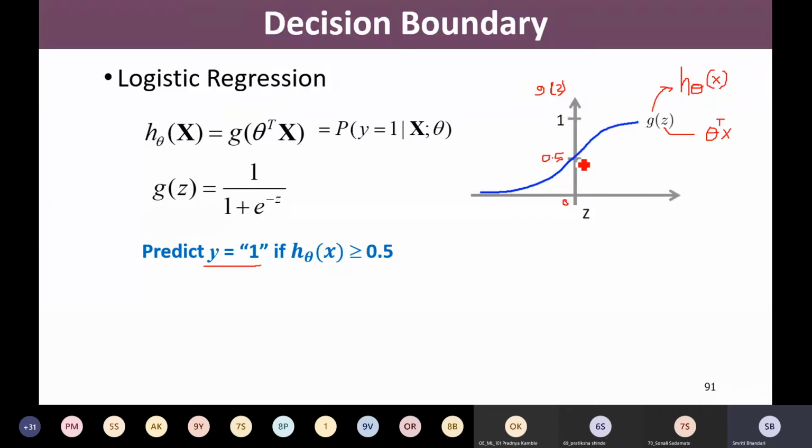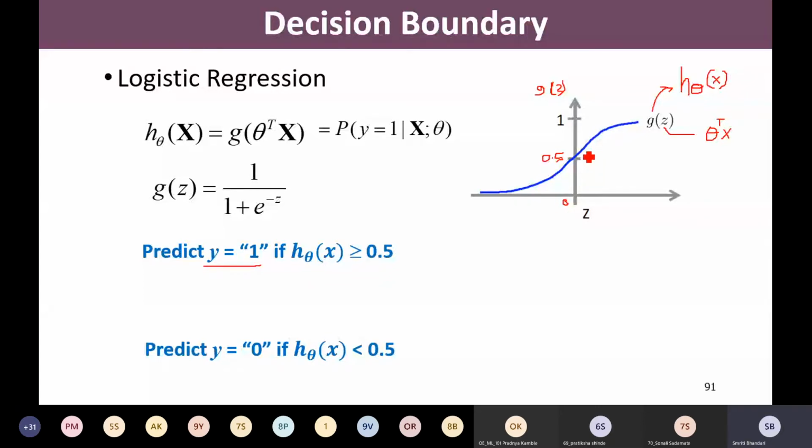If h theta x is equal to 0.5 or greater than 0.5, in this range of values 0.5 to 1, I am going to predict the class label as 1. Otherwise, if h theta x is less than 0.5, then we are going to predict the class label y equal to 0.